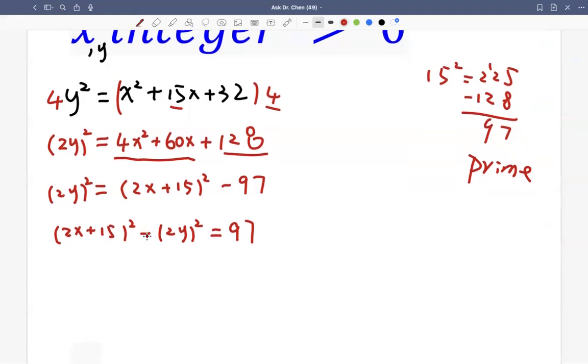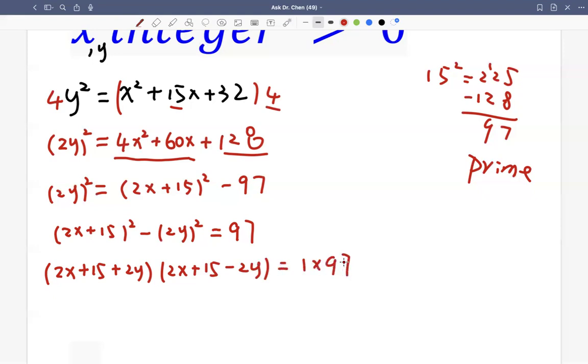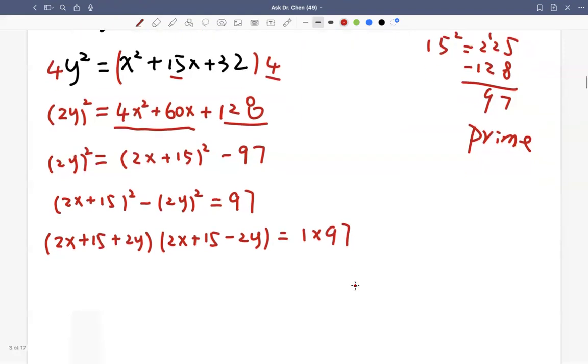Because the difference of two squares on the left-hand side can be factored: (2x plus 15 plus 2y) times (2x plus 15 minus 2y) equals 1 times 97, because 97 is a prime. The only way to write it as a product is 1 times 97.